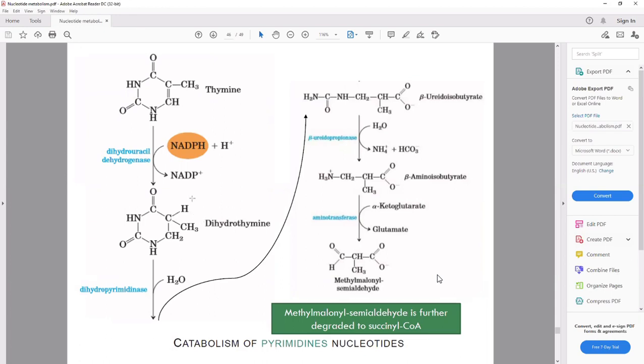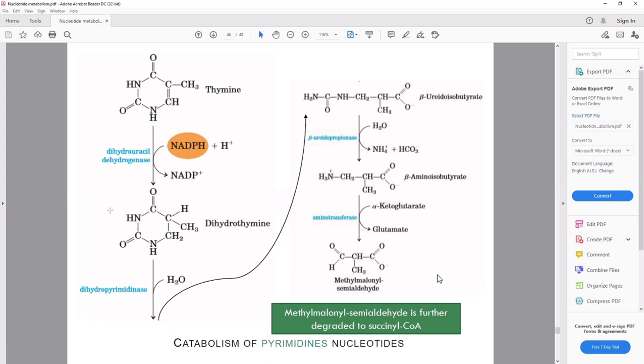So let's say we look at the thymine. Thymine will undergo the first step by the enzyme dehydrogenase to form dihydrothymine.